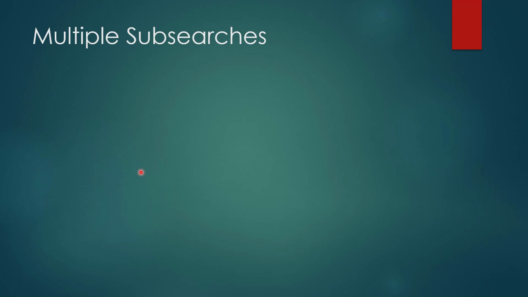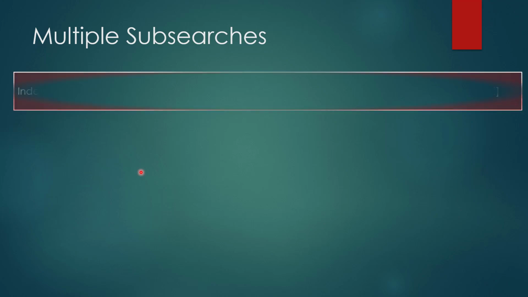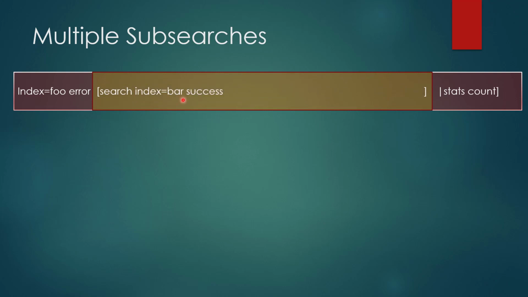Let us take an example here. Let's say I have a search something like this one: index equals foo, some error, and I kept it like this because we will have sub searches here, so some stats count. Inside this search, let's say I am using another search like this one: search index equals birth success, some data, which will return the data to this outer search. Now let's say inside this search again we have another search, like search index equals something else, stats count.